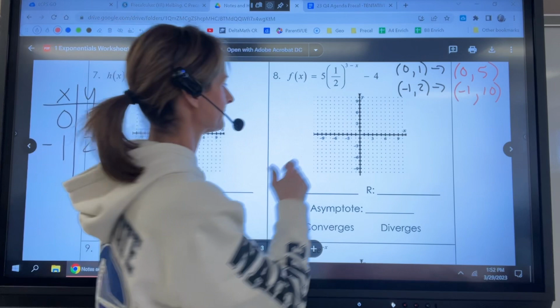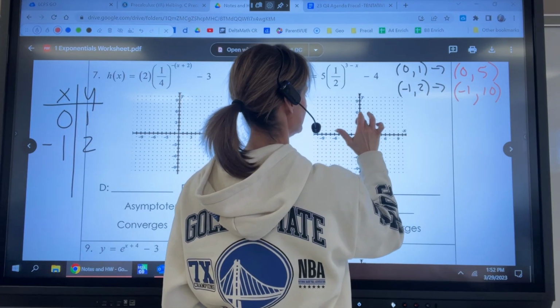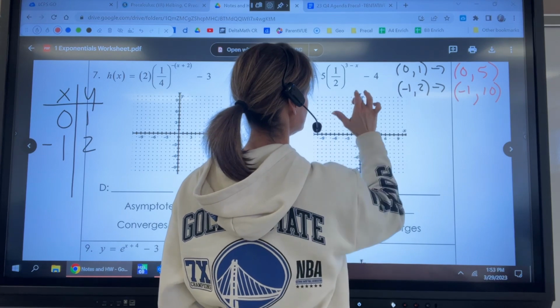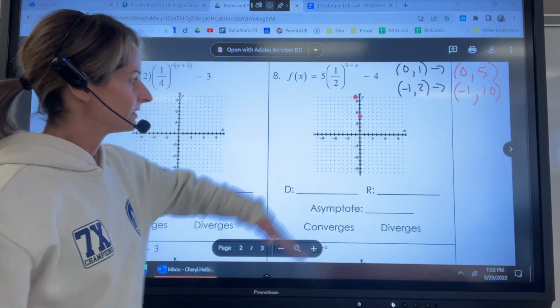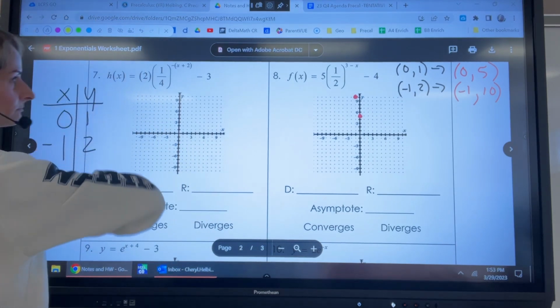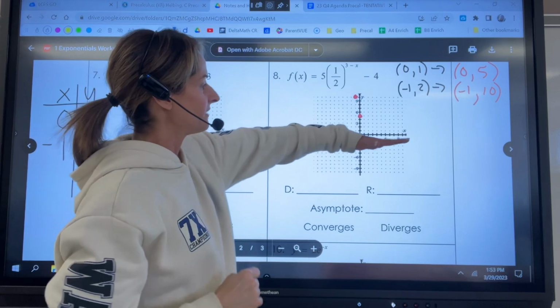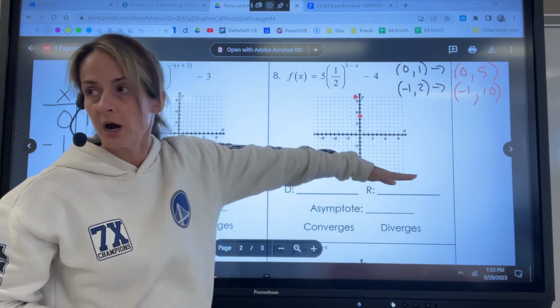Let's plot it. We'll just follow the same pattern as the last one we did. -1, 10. So notice what's happening here. So here's your asymptote, right there. The original parent function is at y equals 0, right? This one has gone down 4.